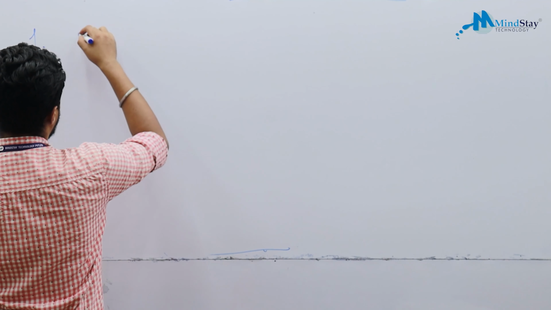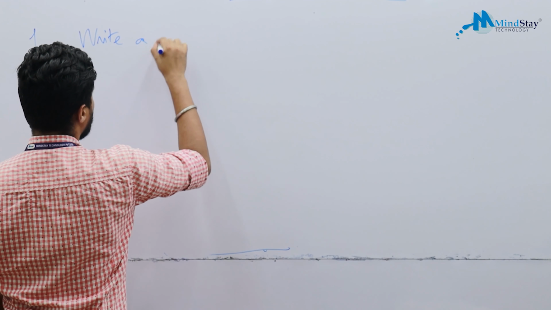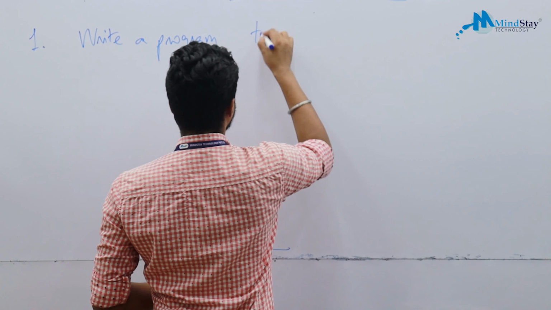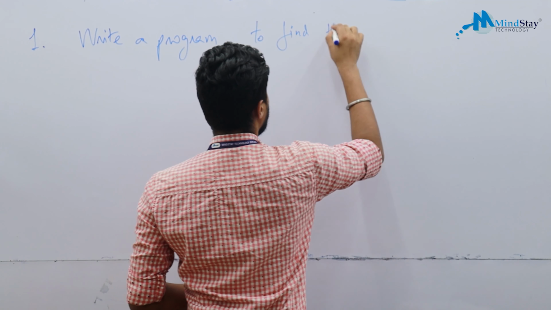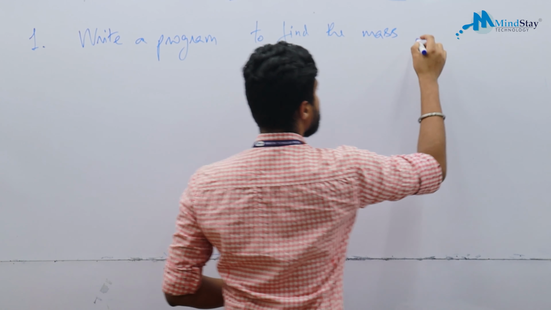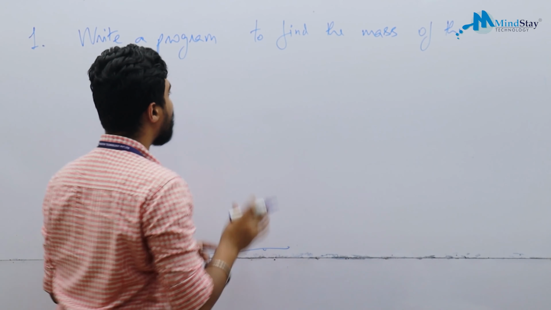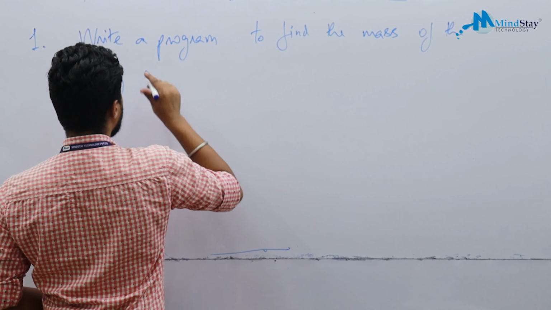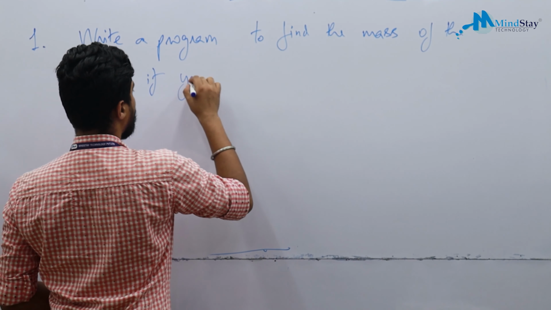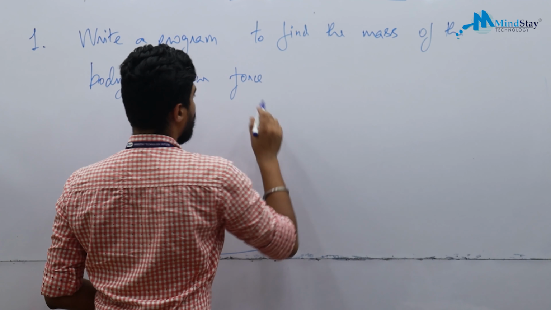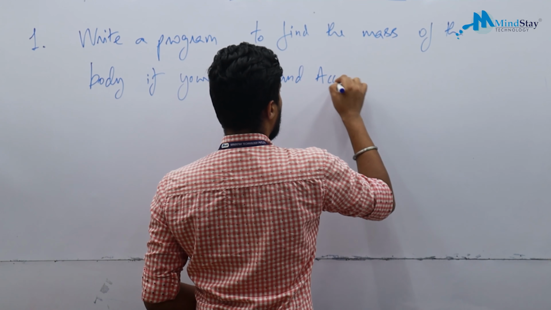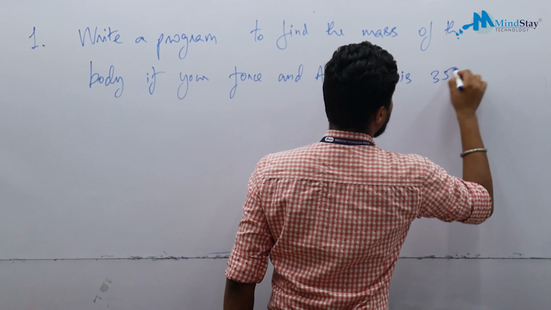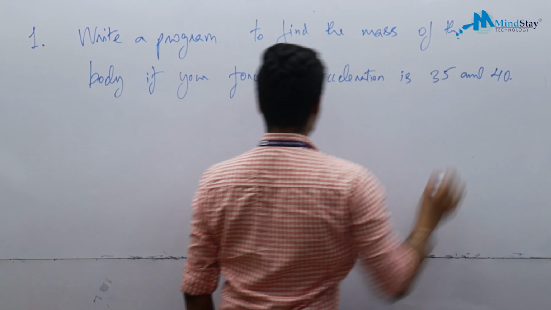Question number 1 is: write a program to find the mass of the body if your force and acceleration are 35 and 40 respectively.